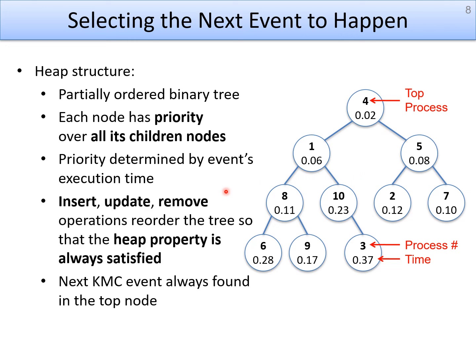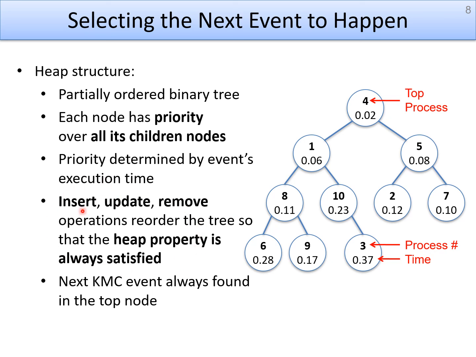Now, in this heap structure, the insert, update, and remove operations reorder the tree so that the heap priority is always satisfied. And these operations in general take time, which is scaling as log n. N is the number of processes that we store in the binary tree.